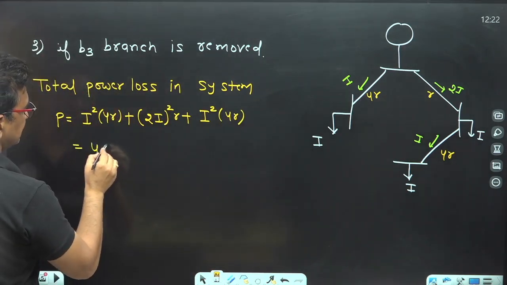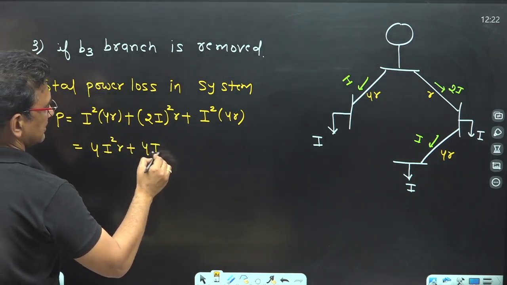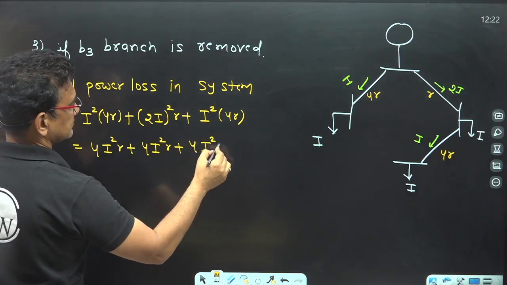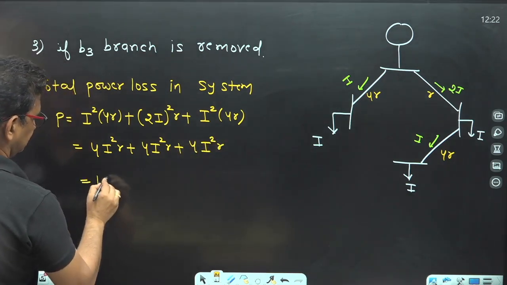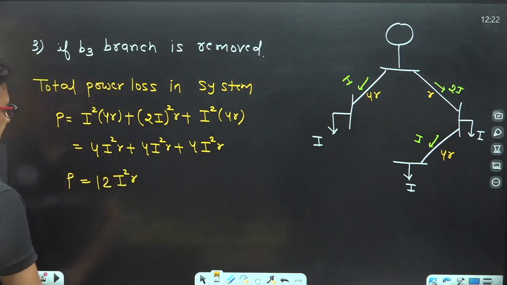So it is 4I square R, plus 4I square R, plus 4I square R. Total power loss becomes 12I square R.